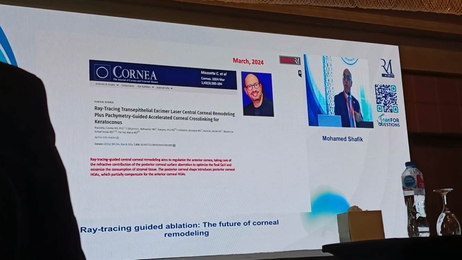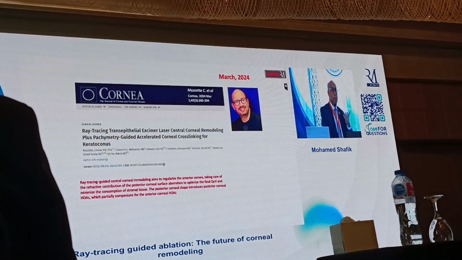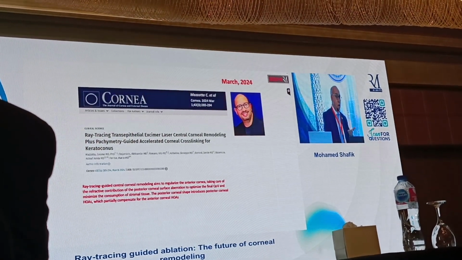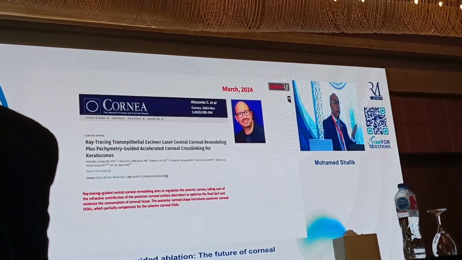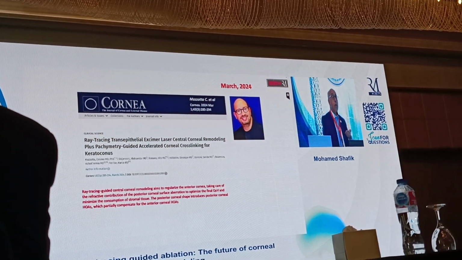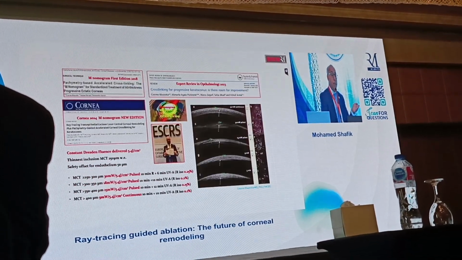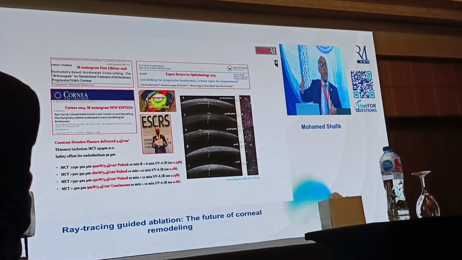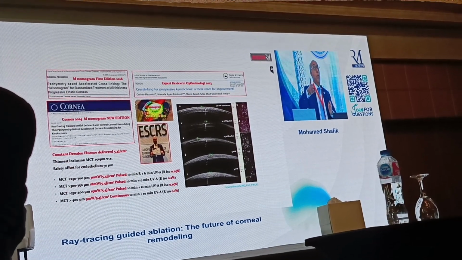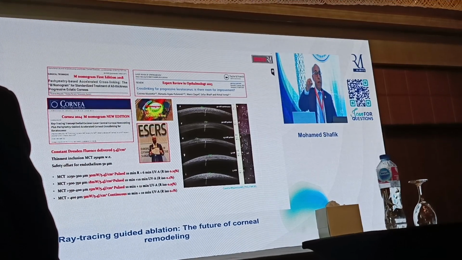Our dear colleague Cosimo Mazzotta just published almost 1 year ago his first work on retilting the cornea of the keratoconus by transepithelial ray tracing guided ablation, followed immediately by cross-linking, which is again a feature in the machine to do an online cross-linking immediately, customized on the thinning zone.